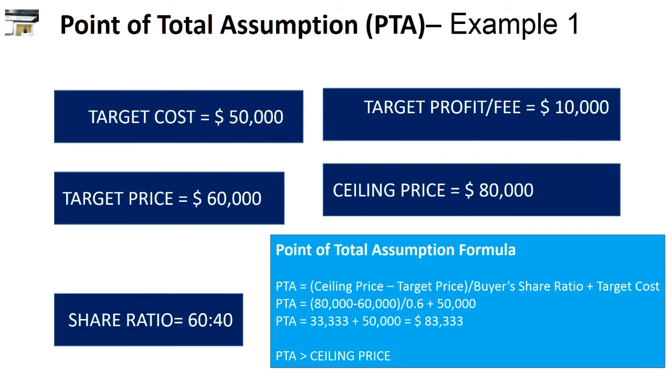If we solve this expression, we get the value of point of total assumption as $83,333. If you look at this value of $83,333 carefully, it is above the ceiling price, which indicates that at point of total assumption, the project is into losses.